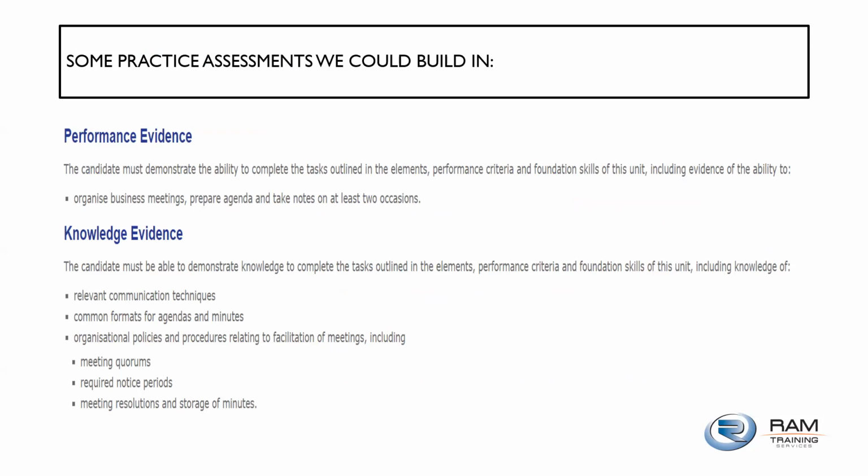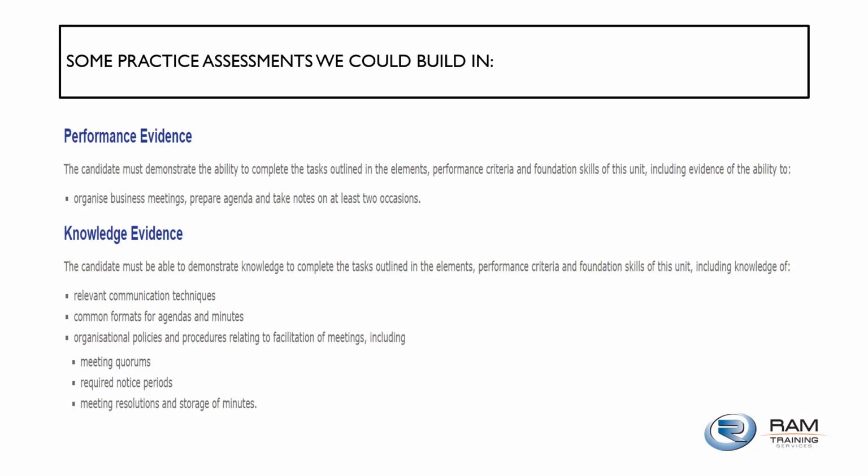All right. So we want to have a look then at the performance evidence and the knowledge evidence. And as we talked about previously, the performance evidence is what we need to see someone do, or what practical evidence we need to gather that the person can actually do that task. So if we have a look here, it says performance evidence.